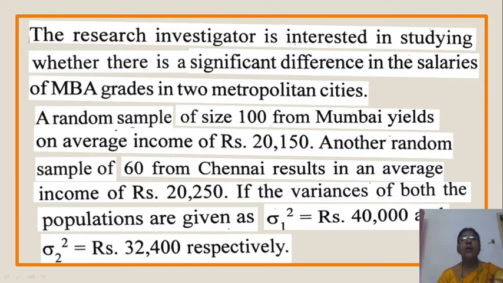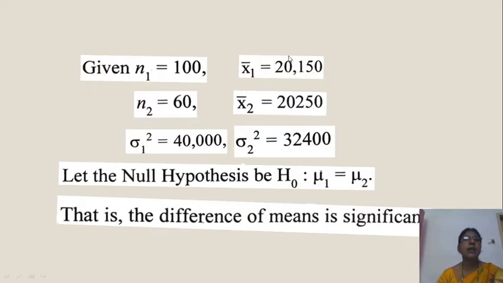Given first sample Mumbai, number of MBA employees are 100, N1 is 100, and average means mean of first sample, X1 bar is 20,150. Next, in Chennai, number of candidates are 60, so N2 is 60 and average means mean, X2 bar is this. Already we have been given sigma 1 square, sigma 2 square.